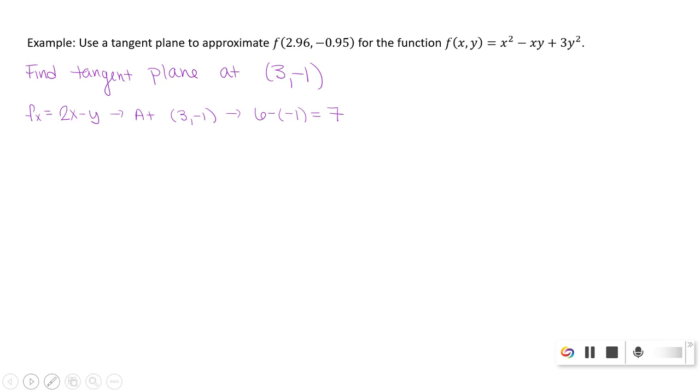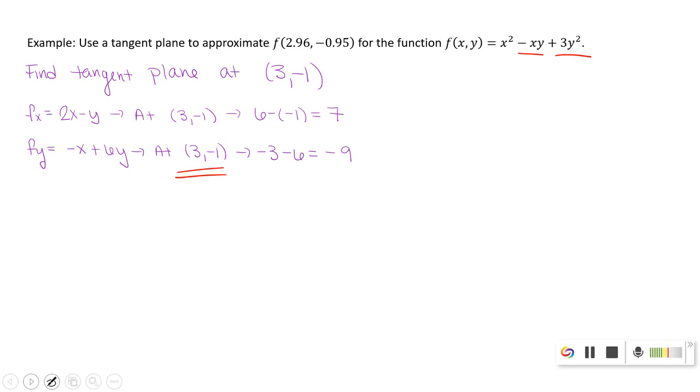So derivative with respect to x of the surface given is 2x minus y. I plug in my point, 3, -1, and I end up getting 7. Partial derivative with respect to y is going to be -x plus 6y. I plug in my point, and that turns into -9.